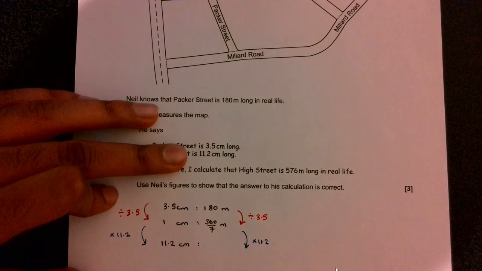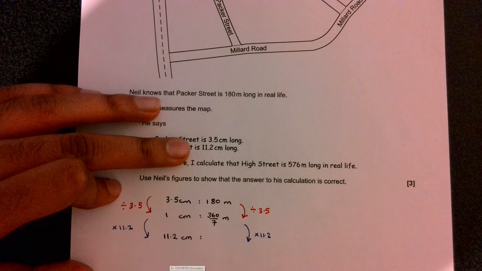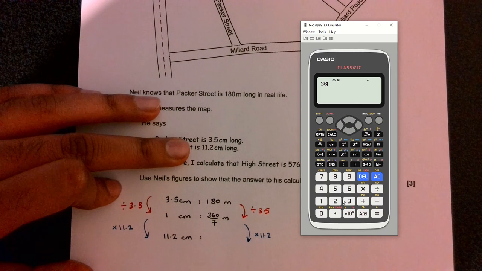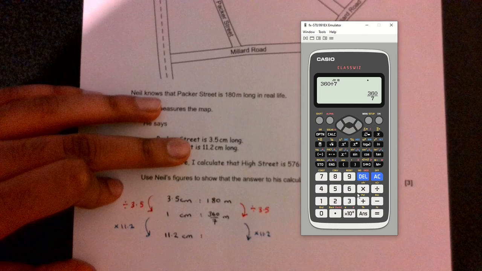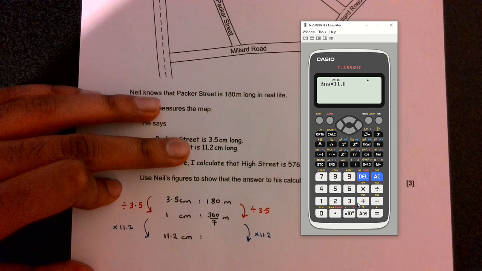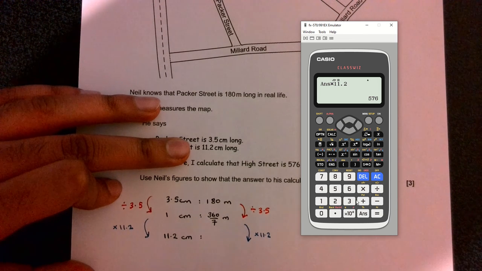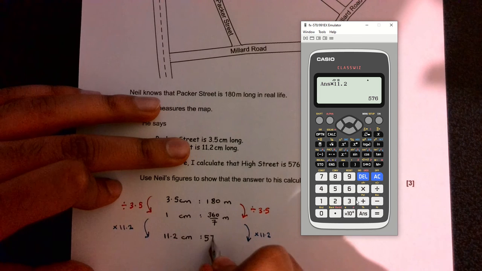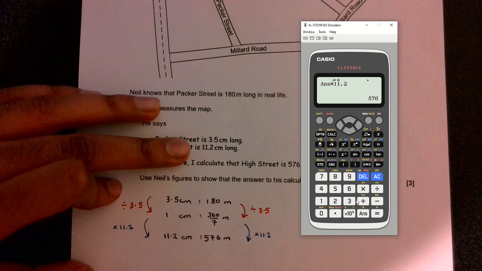And doing so, 360 over 7 multiplied by 11.2, we get a value of 576. So over here we have 576 meters, which is what we wanted to show.